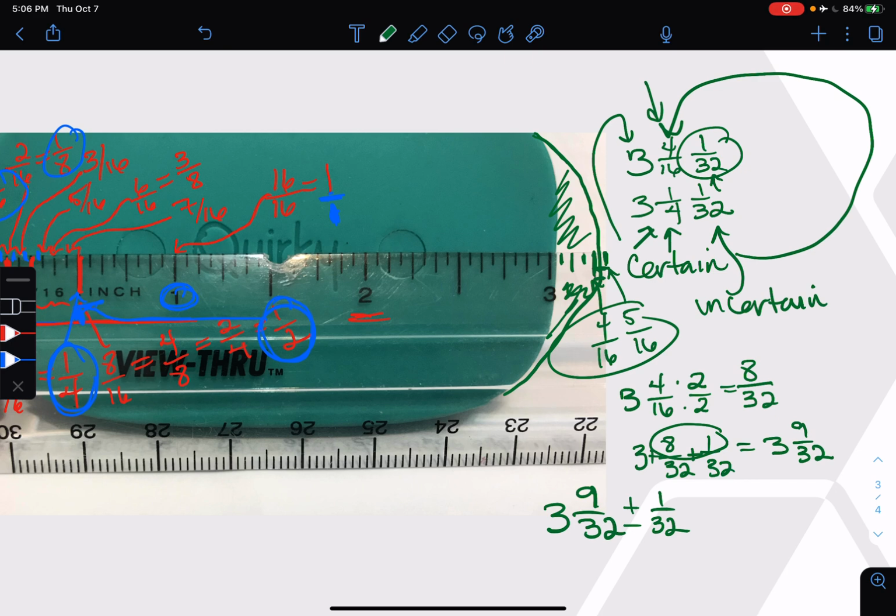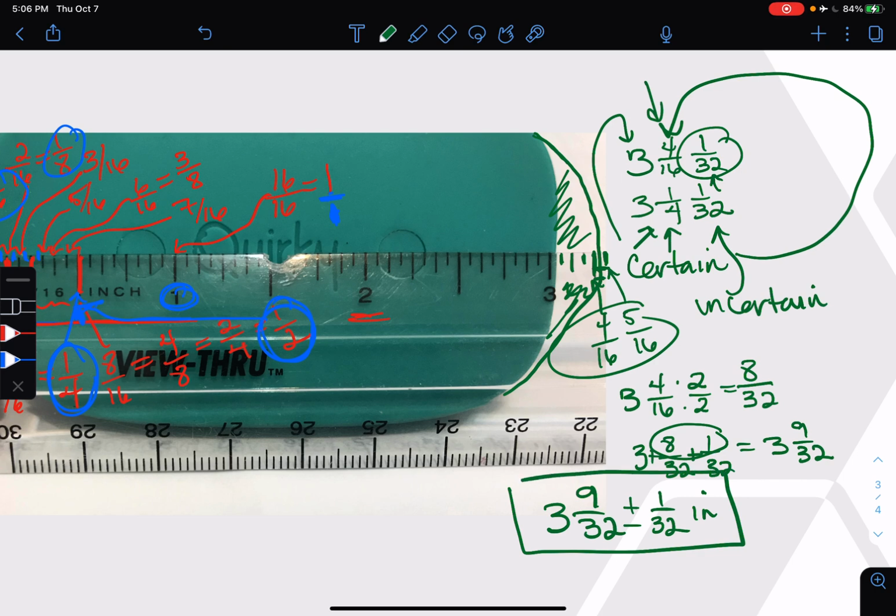Just like halfway in between 1 is a half, 0.5, and halfway in between 0.1 is 0.05, halfway in between a 16th is a 32nd. And then we put inch on the end there.